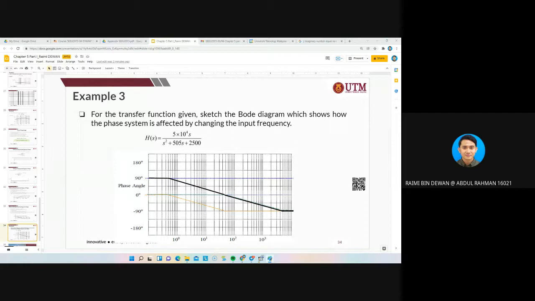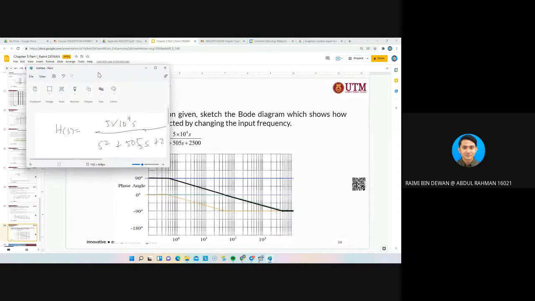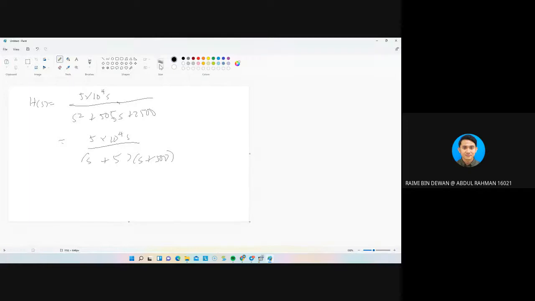I try to jot down at the touch screen, which is at the other screen. That's why you guys cannot see it. Okay, so here you can see you make the factorization first. So you have this s plus 5, s plus 500.